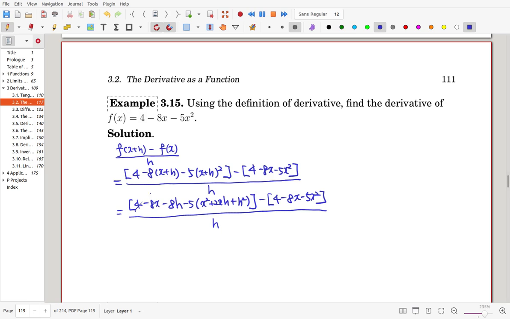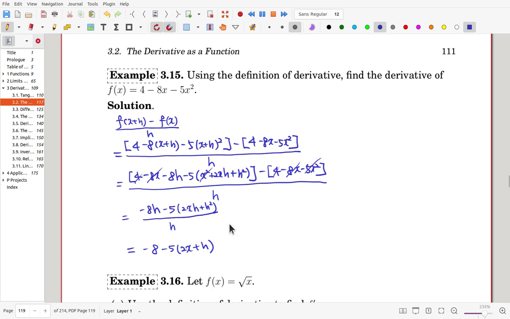The 4 and 4 cancel out, and so do minus 8x and minus 5x squared. The remaining parts are minus 8h and minus 5 times 2xh plus h squared, divided by h. Once h is cancelled out, there is minus 8 and minus 5 times 2x plus h.